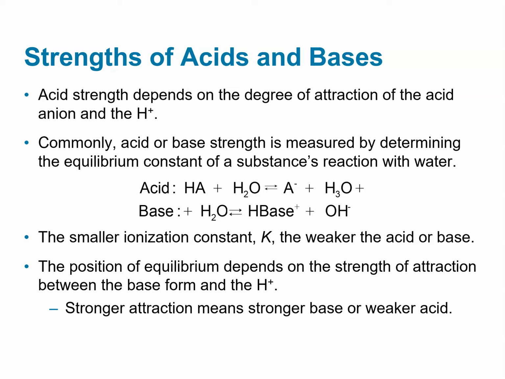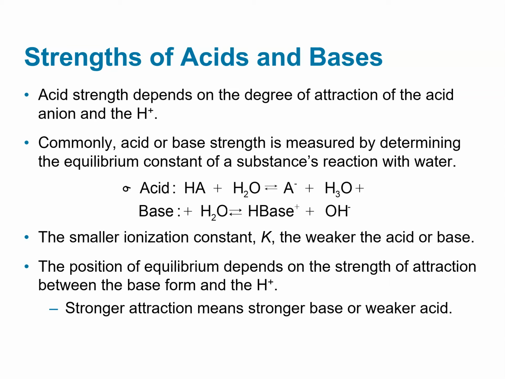And how do you describe this numerically? Well, we can do this for every weak acid and weak base by looking at the equilibrium constant of the dissociation of the proton from the acid form to its conjugate base. For this first example, we have HA being our weak acid compound in water, in equilibrium, forming the conjugate base A minus plus hydronium cation.